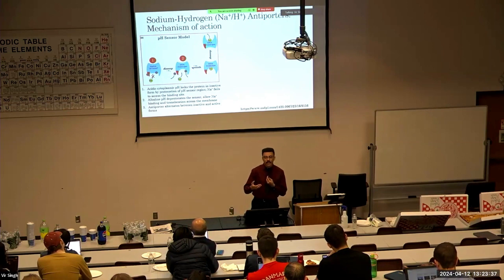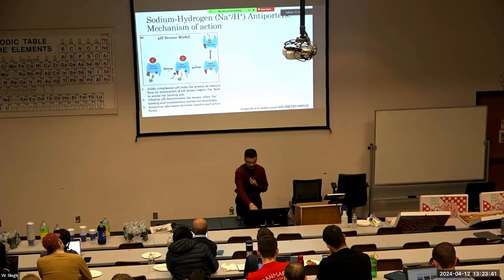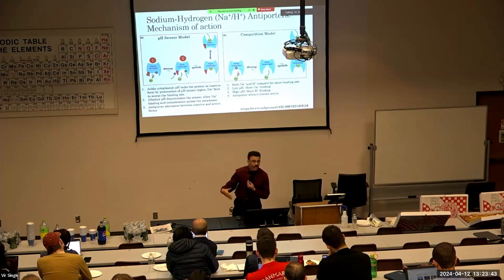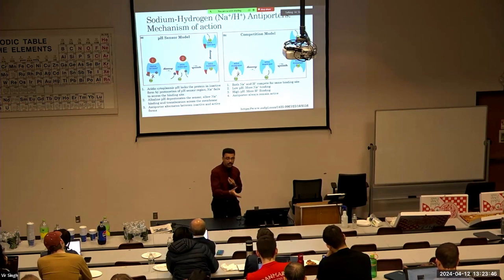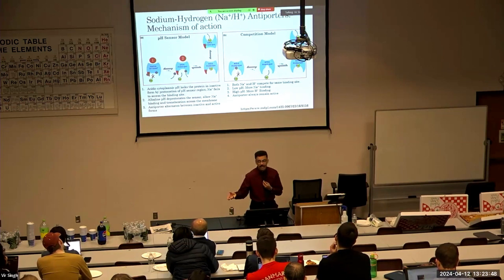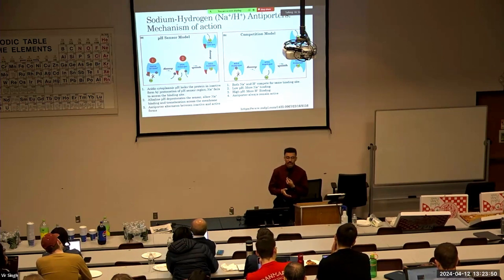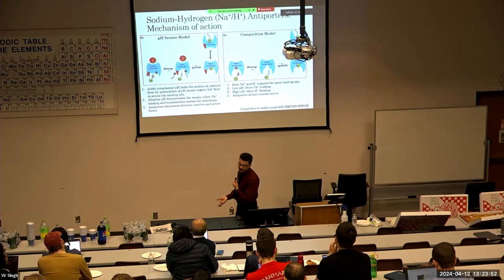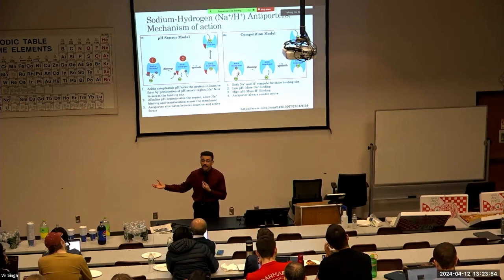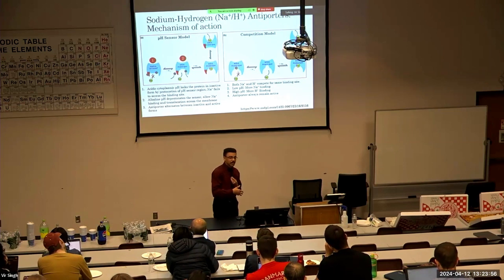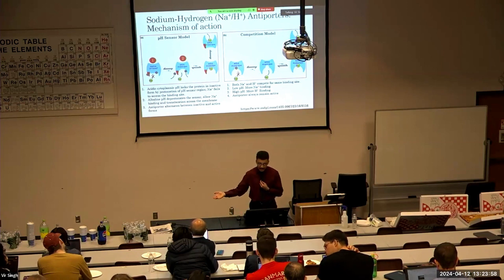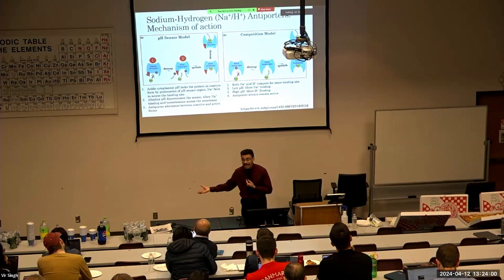This type of antiporter is inactive and activated at certain times. Meanwhile, there's the competition model, where because both of these ions are cations with a positive charge, they're in competition with one another in order to be transported in and out of the cell. And depending on the pH levels, they will alternate between transporting more sodium or more protons. This type of antiporter is always active.